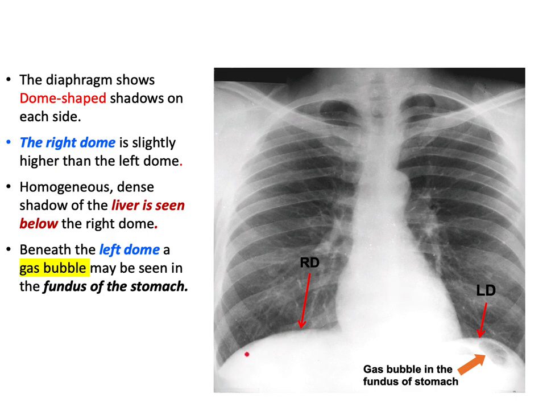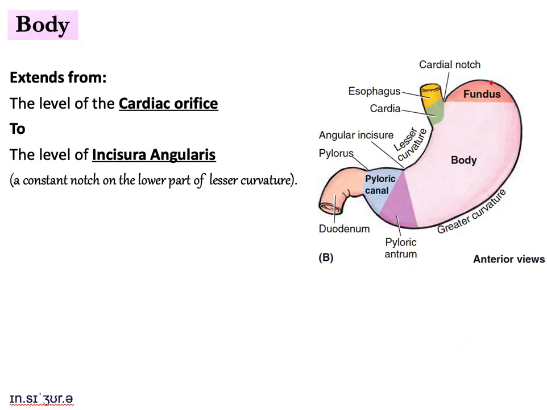So as I explained, the diaphragm shows a dome-shaped shadow on each side, right and left, and the right dome is around 2 centimeters higher than the left one. Look at the homogeneous dense shadow of the liver on the right, while you have an air bubble-like black spot here, which indicates gas in the fundus of the stomach under the left dome, right? So that was the fundus.